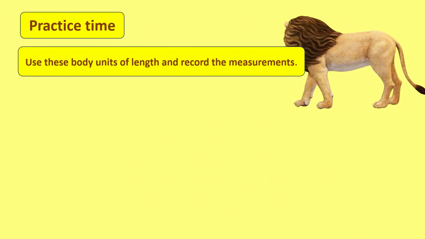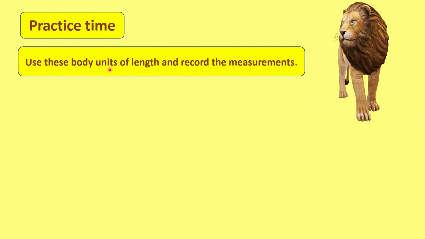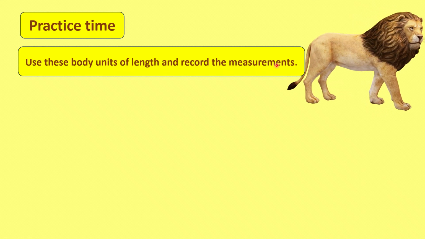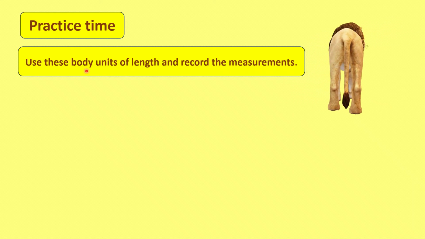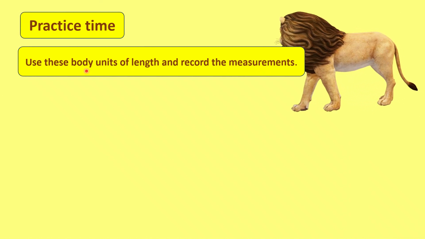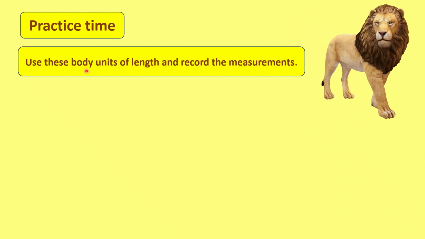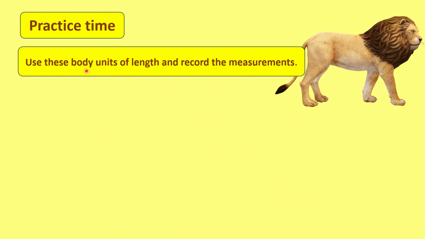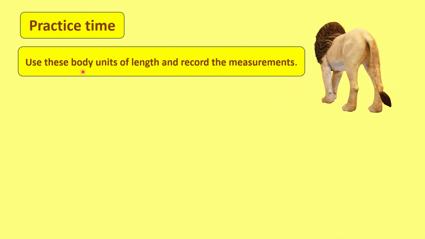Use these body units of length and record the measurements: footprint, pace, cubit, hand span, palm, digits. Why do we use body units?